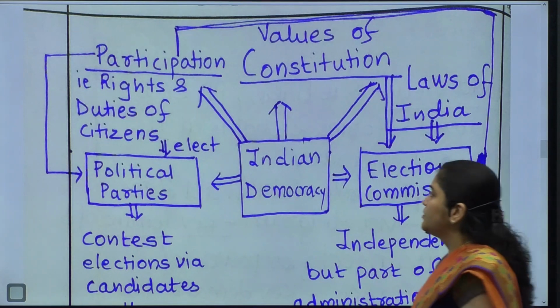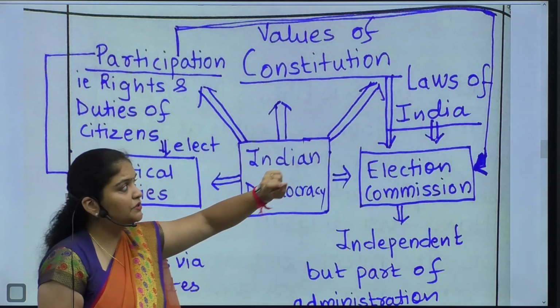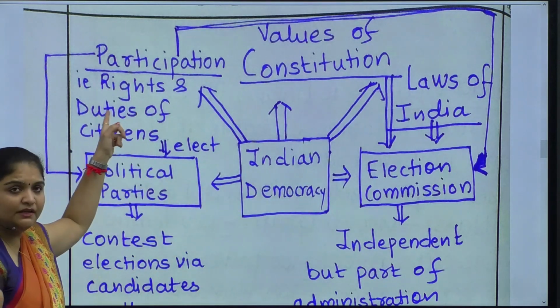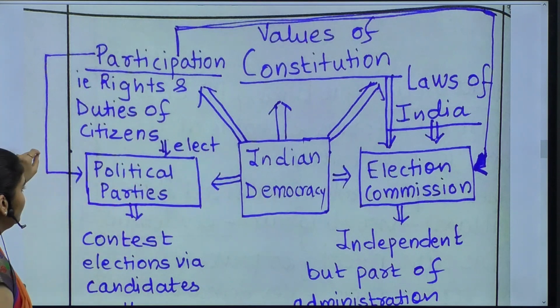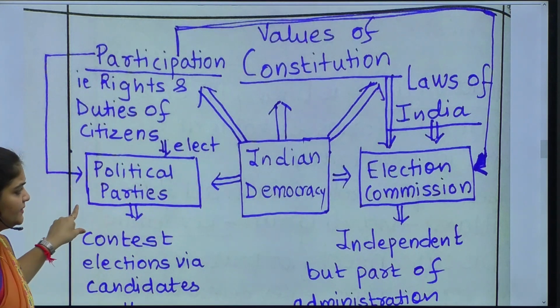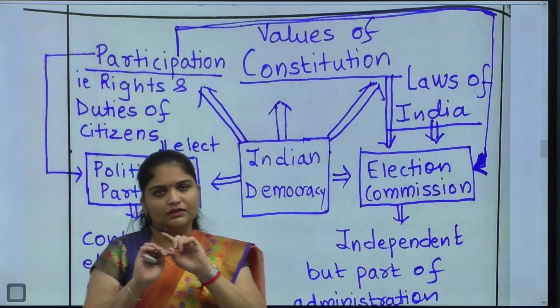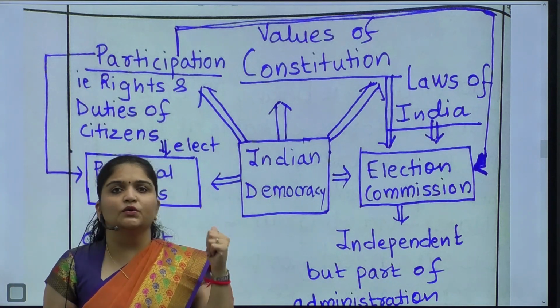So let's see. So we have the Indian democracy. So we have the values of the Constitution, we have the laws, we have the people, the citizens who have certain sets of rights and duties, we have the political parties, and we also have the Election Commission. So all these are the actors and stakeholders involved in this particular question.